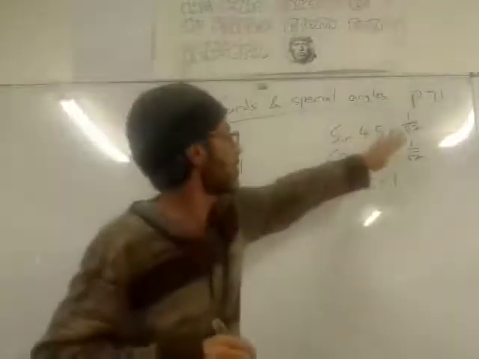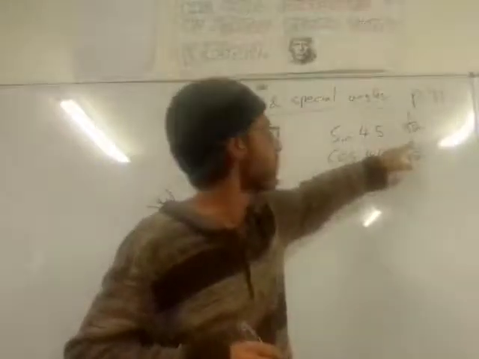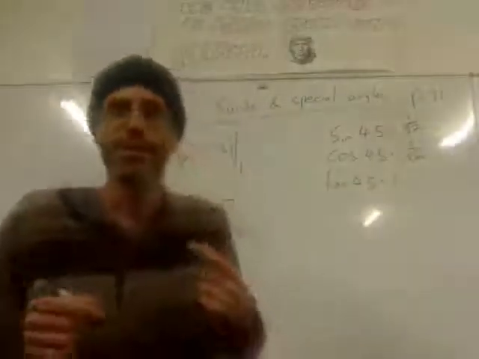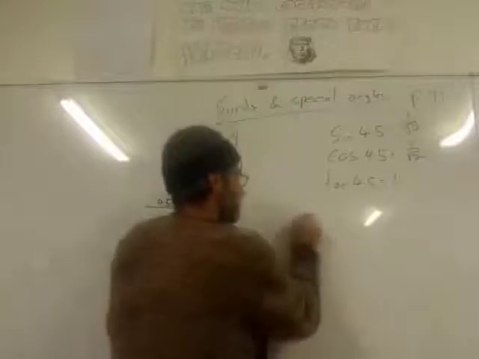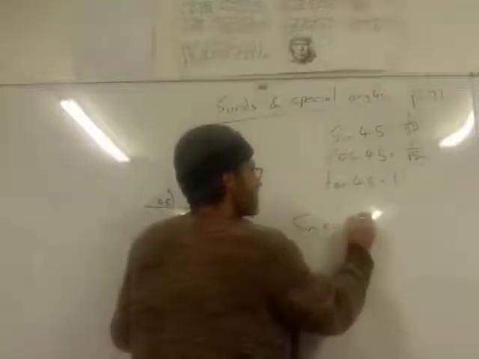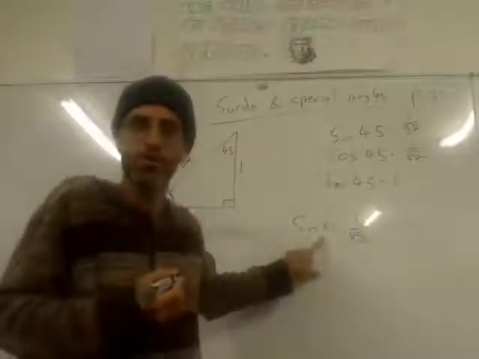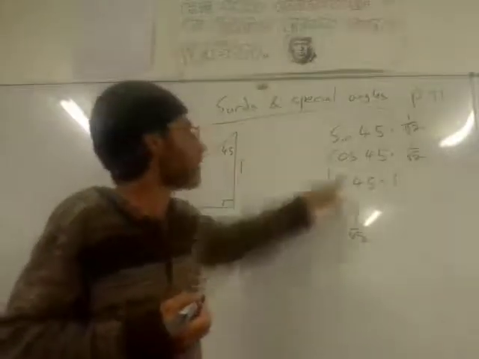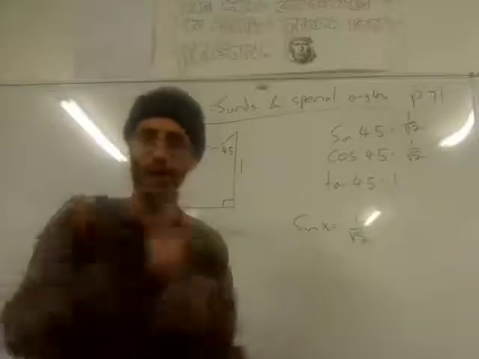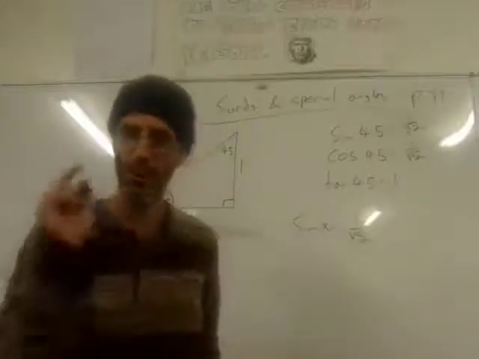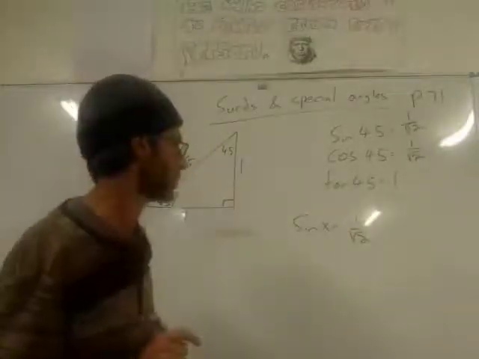Now, I don't want to leave it for a second there, because sometimes you'll see 1 over square root of 2. In other words, if I write sine x is equal to 1 over square root 2, then you ask yourself, what is the angle? The angle must be 45. So we can work backward as well, if that makes sense. We will practice it a bit later, so don't worry about it at this point.